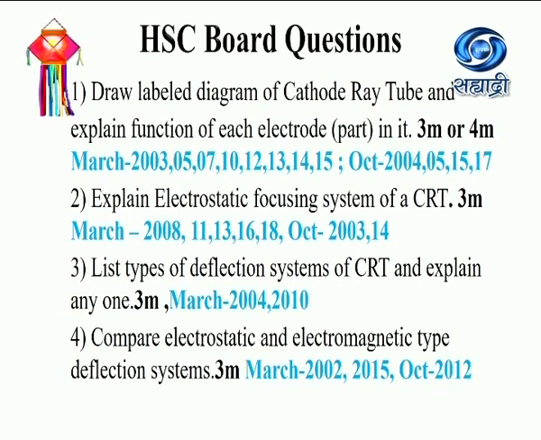In the 4 marks, 1 mark is assigned for the diagram and the remaining 3 marks are assigned for the explanation. So whenever a diagram is asked in the question, you have to draw the diagram for 1 mark.